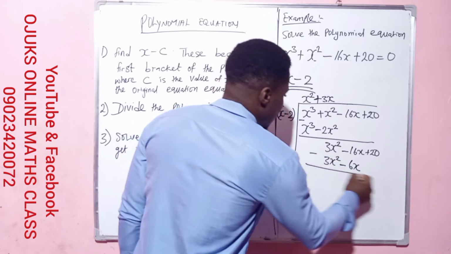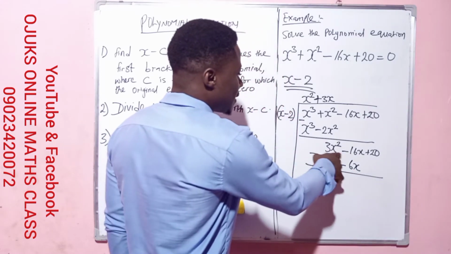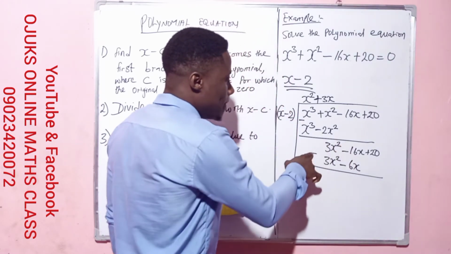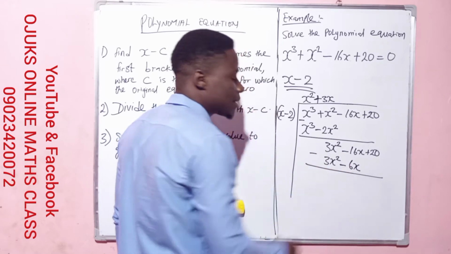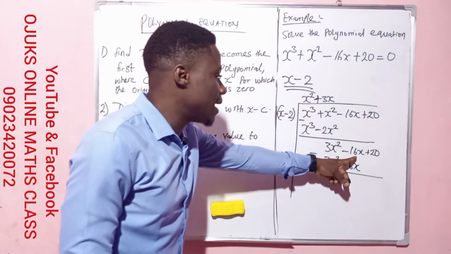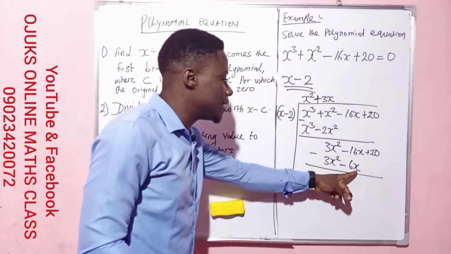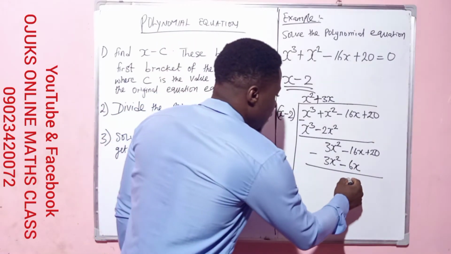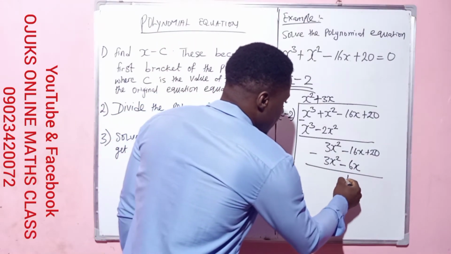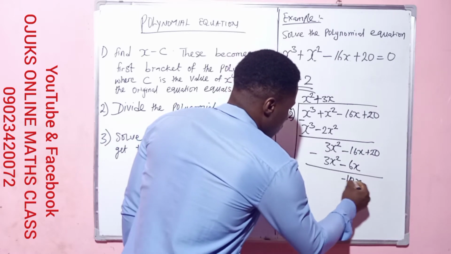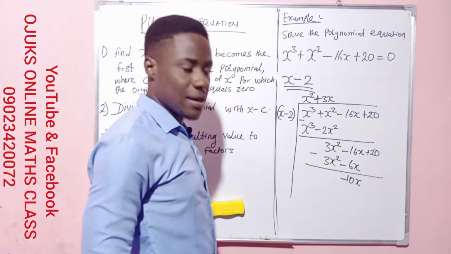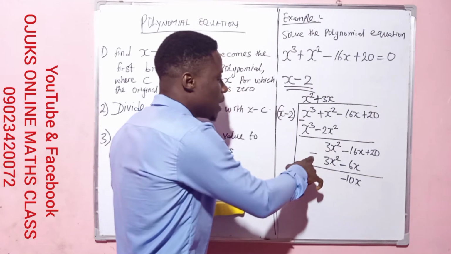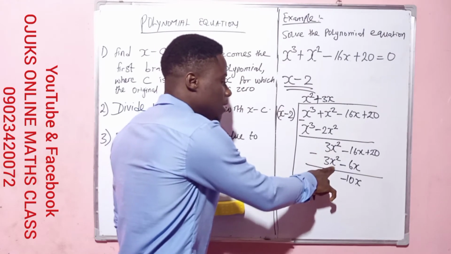Then when we subtract, we'll have minus 16x minus 6x, which will automatically give us minus 10x. Then 3x squared minus 3x squared is 0.